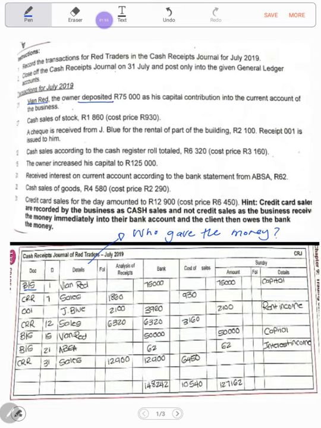Analysis of receipts: we will jot down all transactions that we physically write out a receipt for. Because this was an EFT, it was deposited, it will go to the bank account directly. Our bank account will be affected immediately. So I'll write down 75,000 Rand.